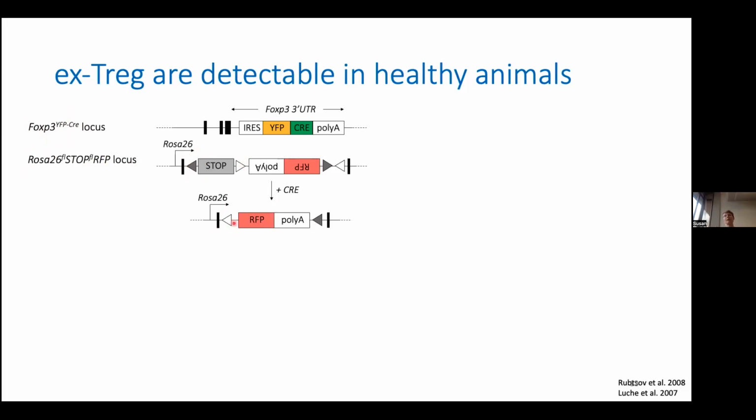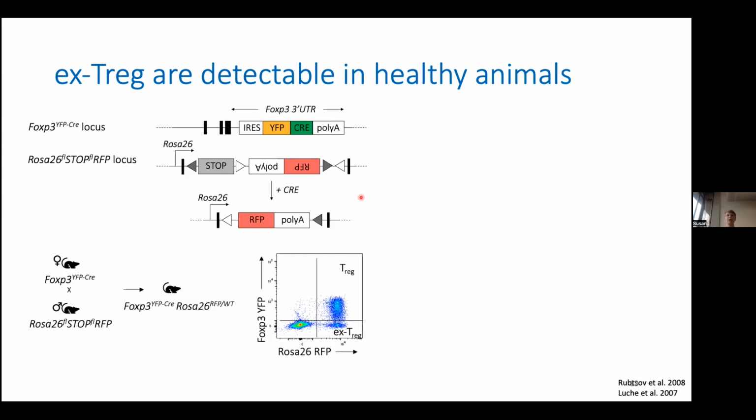In these mice all the Treg will express YFP because it's part of the FOXP3 locus, and they will also express Cre, so they will all be YFP and RFP positive. But when they lose FOXP3 expression, because they become X-Treg, they will only express RFP and will have lost YFP expression. And like this, you can identify X-Treg in these mice.